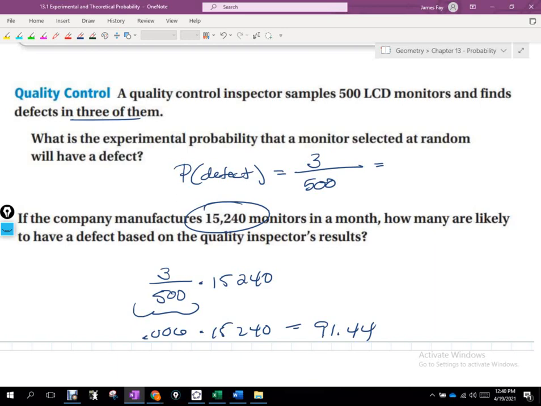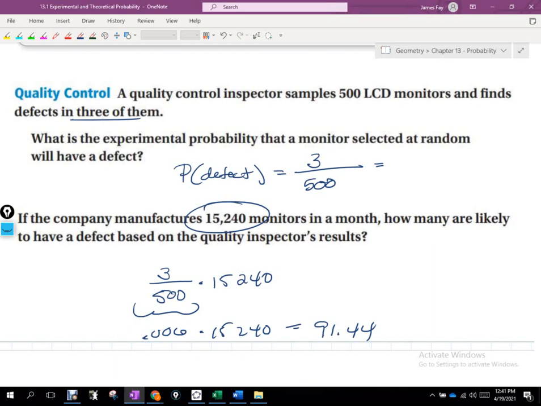And now as a business person, as this company, you can say, okay, we're going to have about 90 monitors that are defective, which means we can set up and realize, okay, in a month, how do we establish customer service, a help desk, tech support?